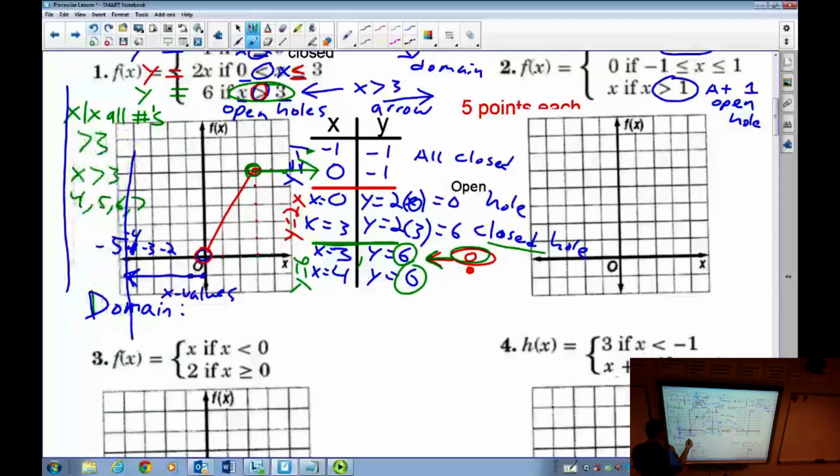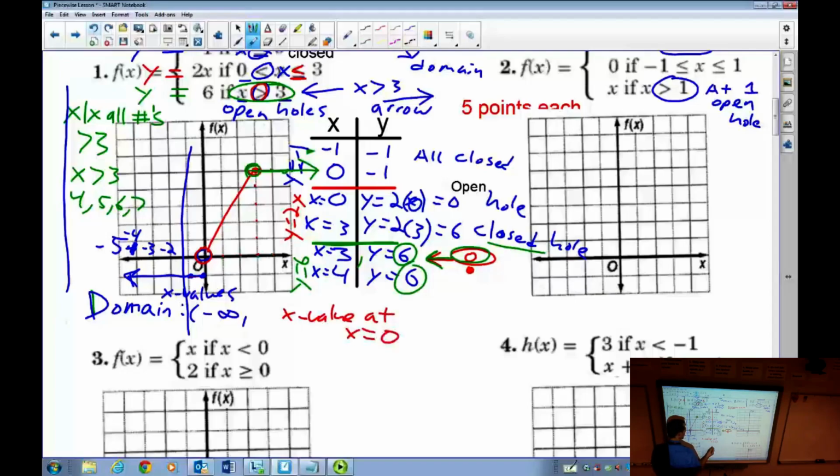So we're going to do the domain from parentheses, negative infinity to, and then, because of this hole, I don't know if I taught this well in class, so I'm going to fix it right now. Because we do have a point right there, right? What I mean is, we have an x value at x equals 0, and that x value has a y value of -1.